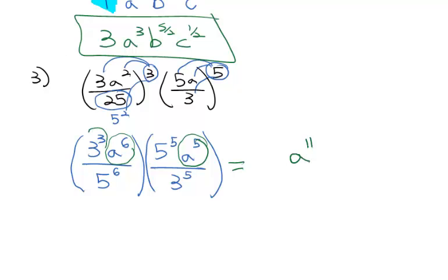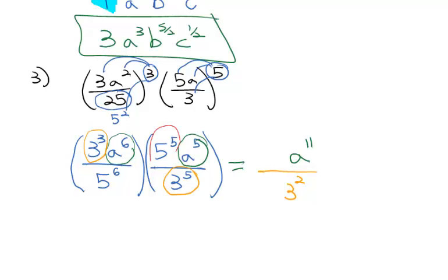On the 3's, we have 3 to the 3rd over 3 to the 5th. Subtracting those exponents, 3 minus 5 is negative 2. So the negative exponent tells me to put the 3 squared in the denominator. The negative moved it down into the denominator.